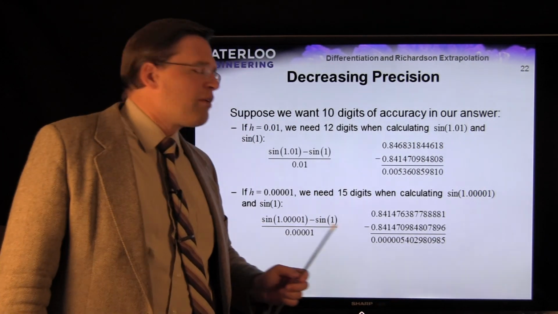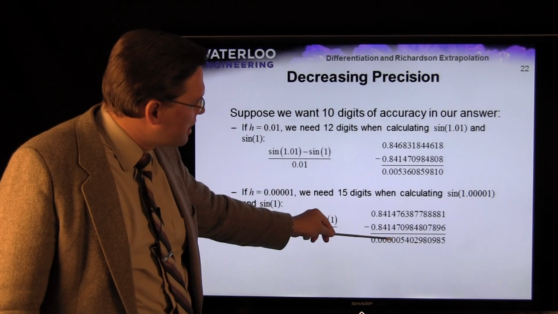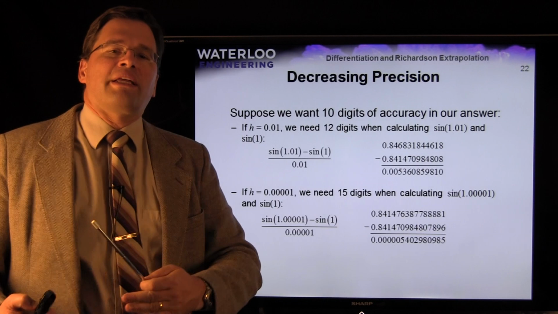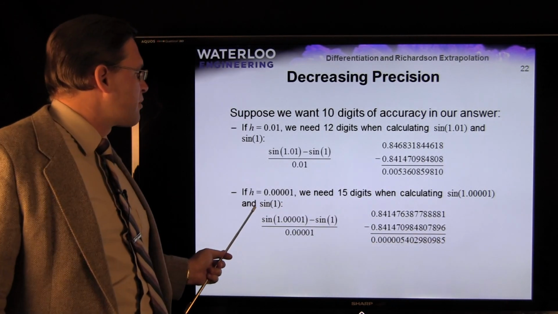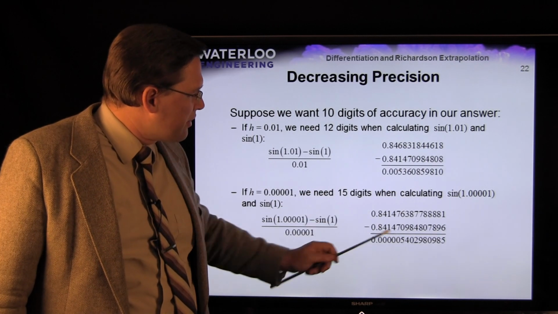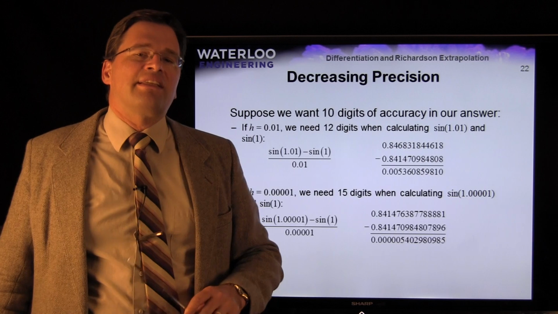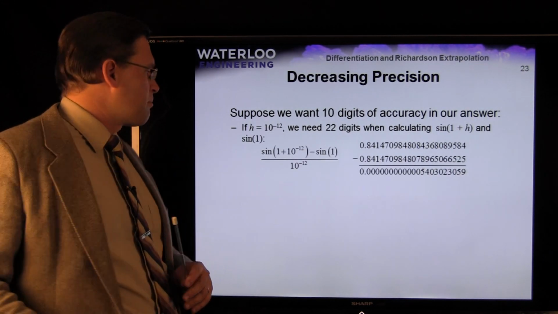And again, we need sufficient digits so that the terms that are the same get cancelled, because these two numbers are so close to each other, all the accuracy in our answer is only here in the 5th, 6th digit and beyond. So ultimately we need 15 digits of precision.